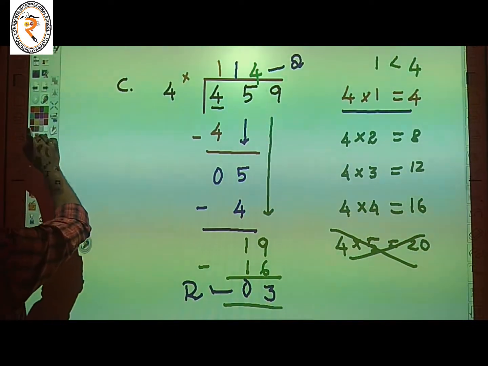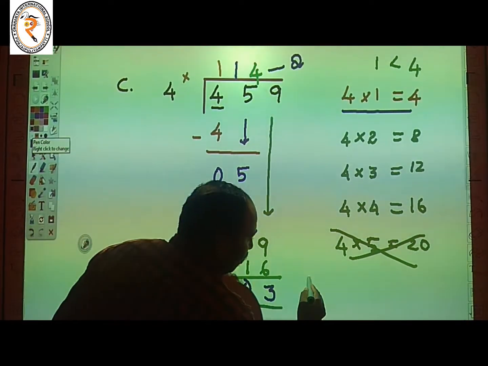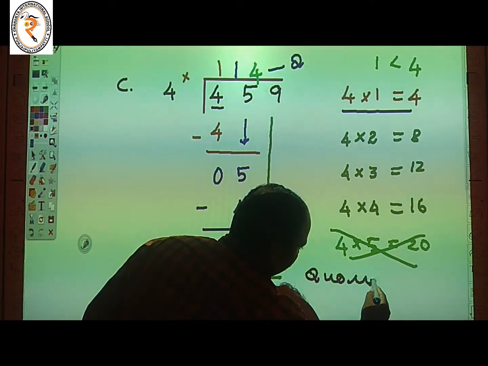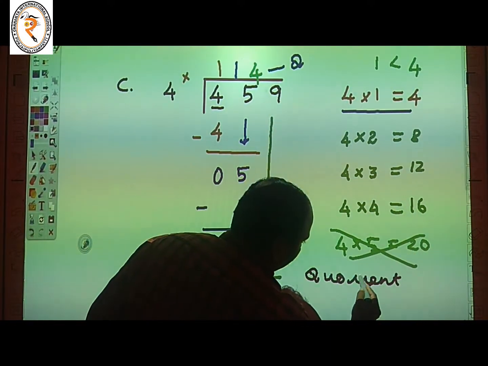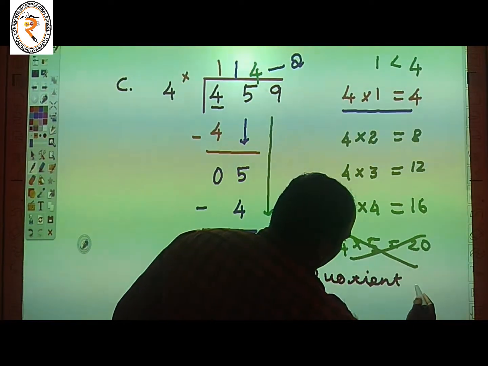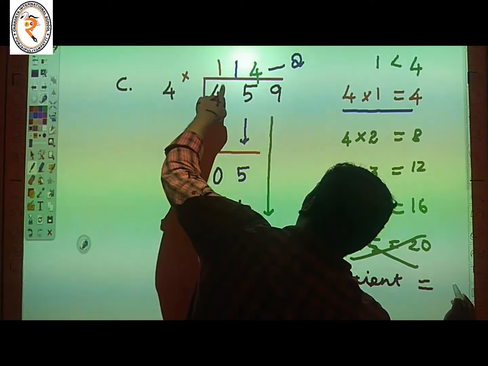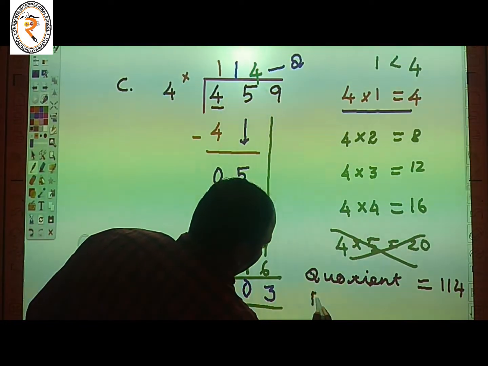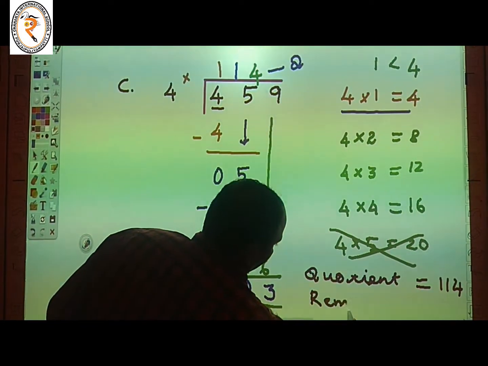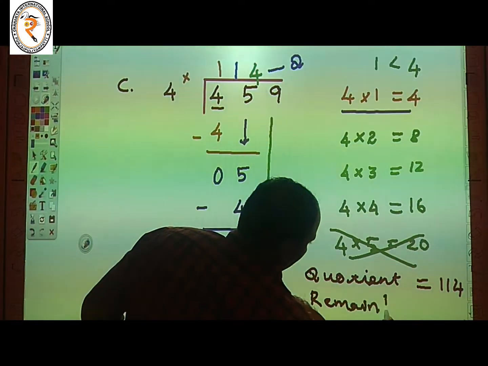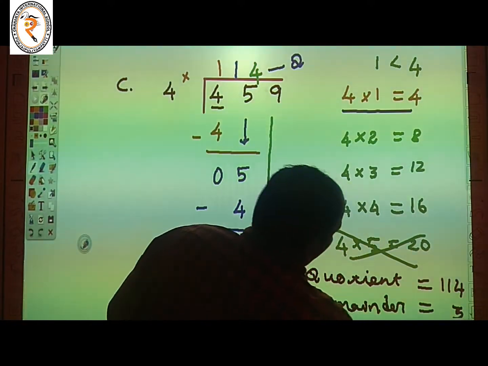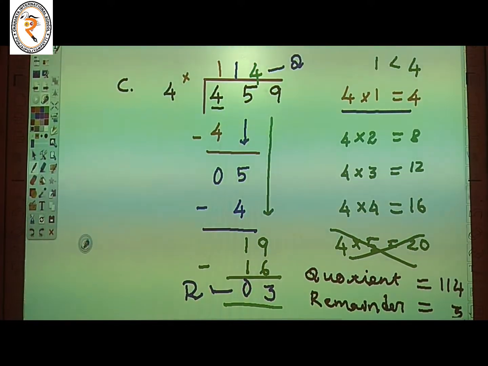The solution is: quotient is equal to 114 and remainder is equal to 3.